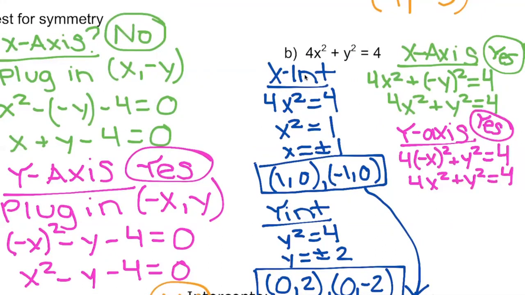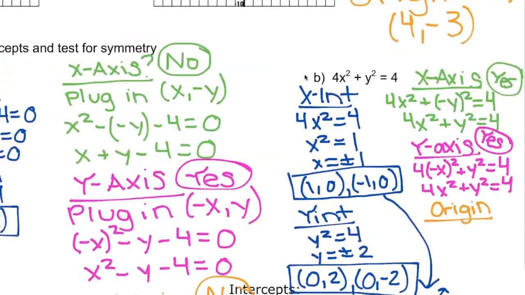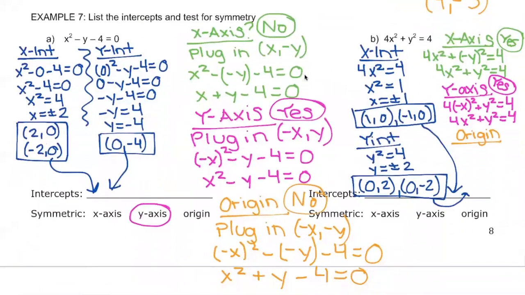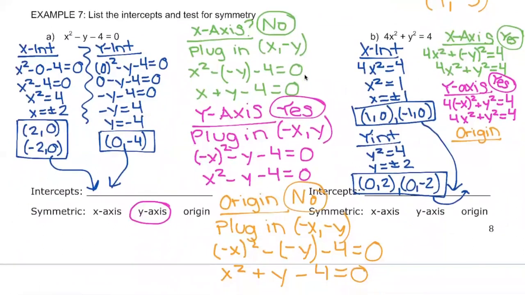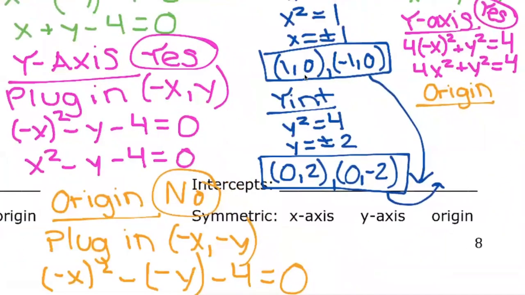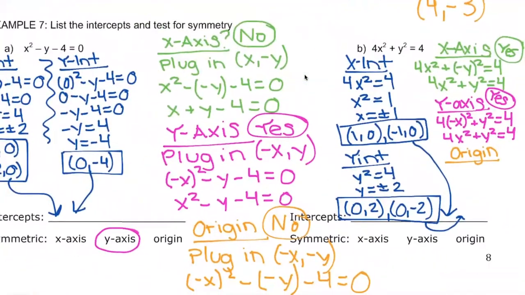All right, we've got one more to check, and that's the origin. When I check the origin, again, if you want to look at what I put here, I'm plugging in both negative x and negative y, okay? So both of those values are going to be plugged in. So we've got 4 times negative x squared plus negative y squared equals 4.